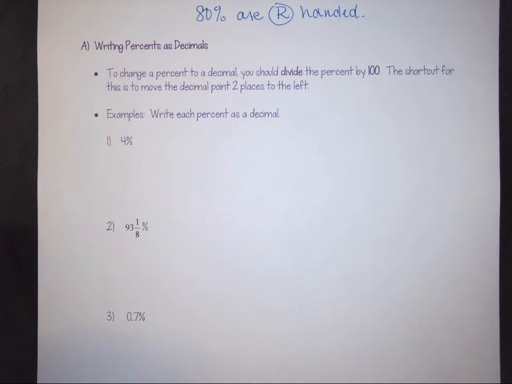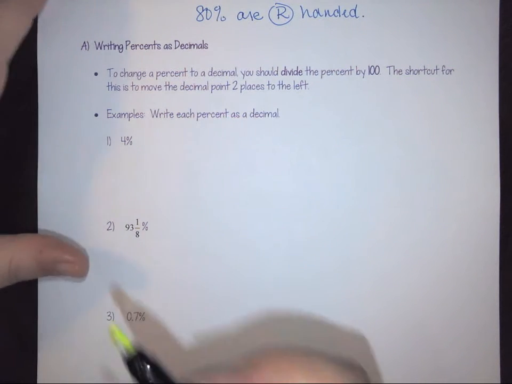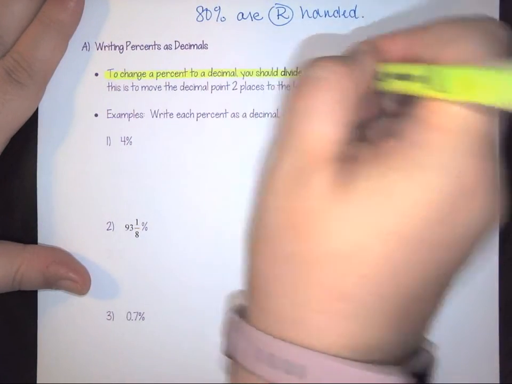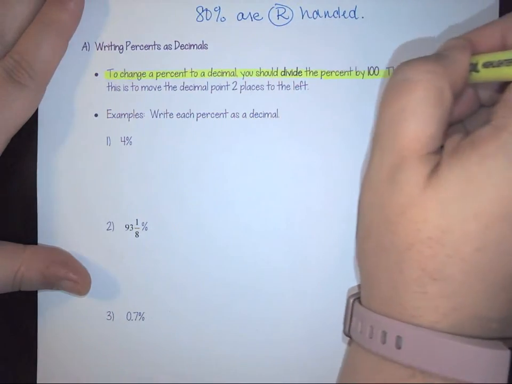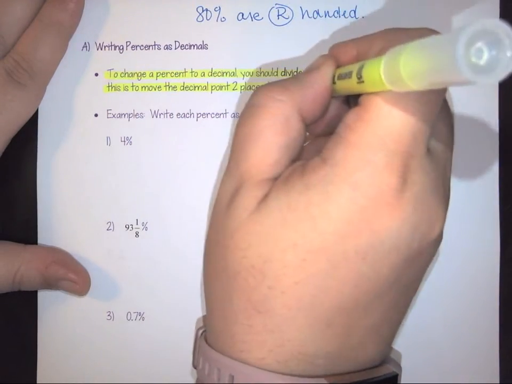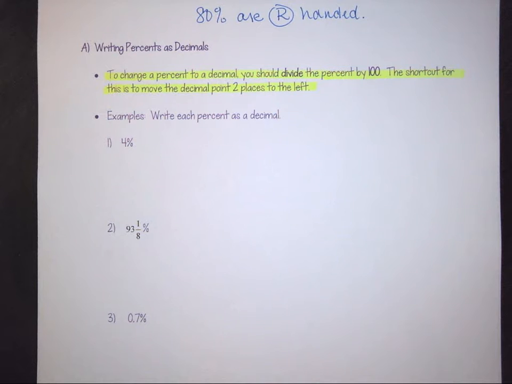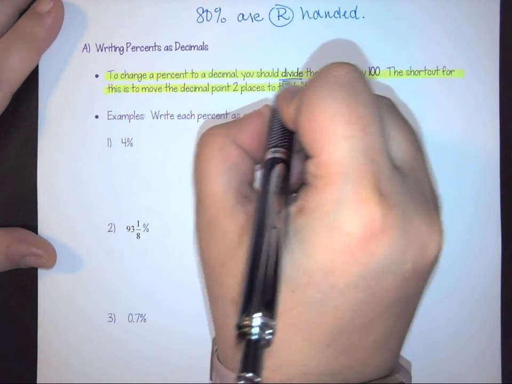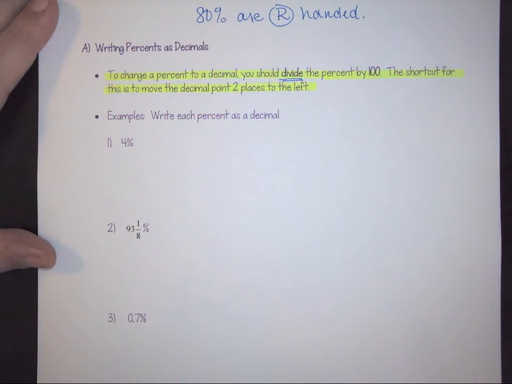Now, the biggest thing that you have to simply remember is that in order to change a percent, you just simply have to divide that percent by 100. And your shortcut would be to simply move 2 decimal places to the left. So that is what you have to remember about changing into a decimal, is you divide by 100.